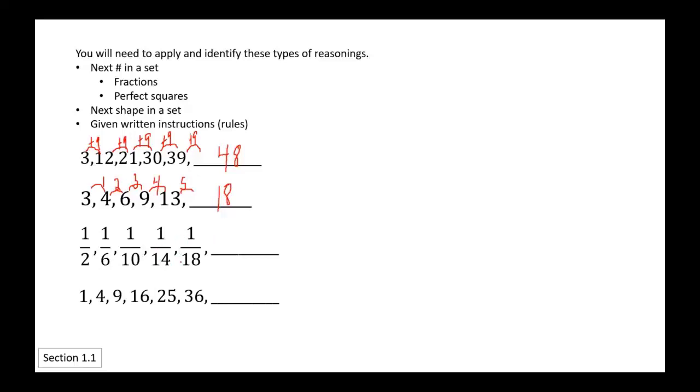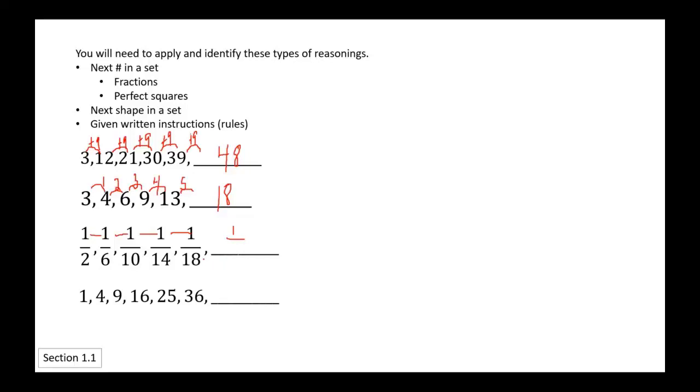Now, when you deal with fractions, you could look at the entire fraction, but for many people, it's easier to think of a fraction as just the ratio of numbers, so that you actually have 2 complete numbers, a numerator and a denominator. If you just look at the numerators, on every single one of these, it's exactly the same. So I think the next one's going to have a 1 on the top.